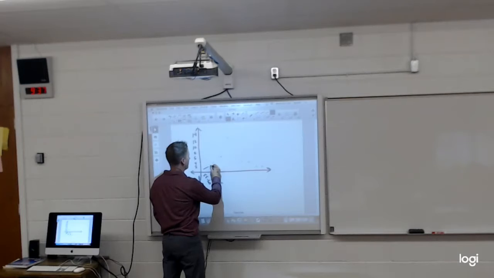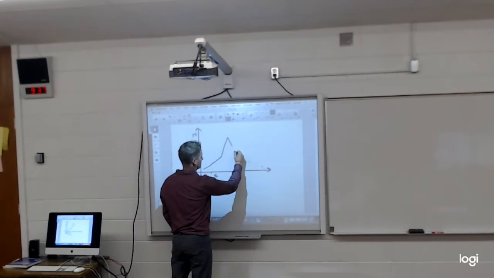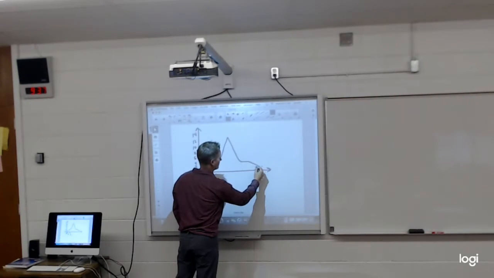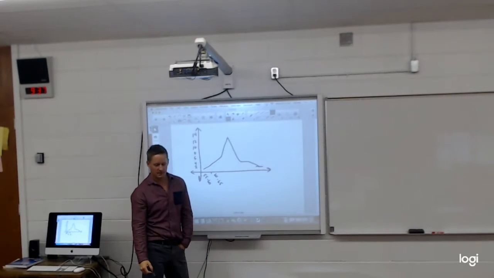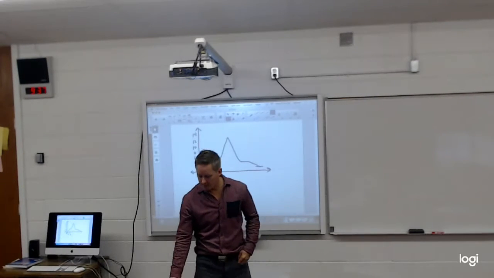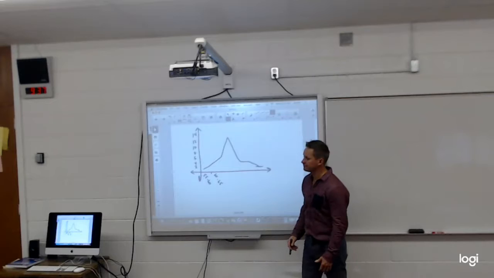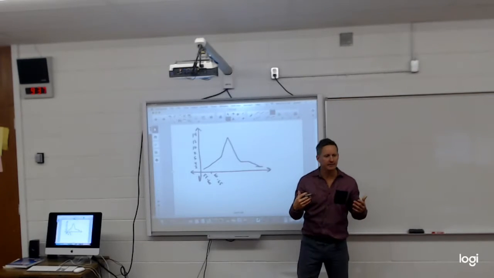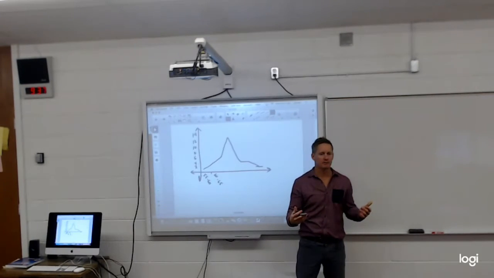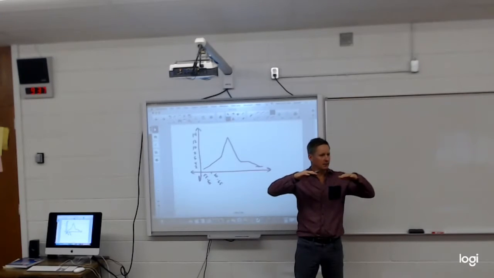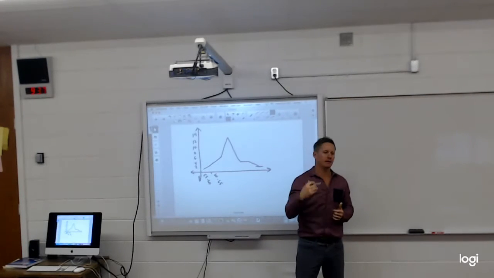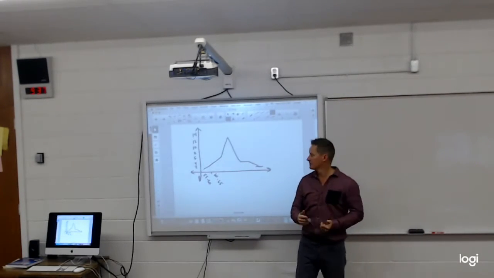So if I draw my frequency polygon and I look at it, it has to have the shape of that bell curve somewhat. Is it low on the outsides and high in the middle? That's basically what it's asking. Is that what it looks like?